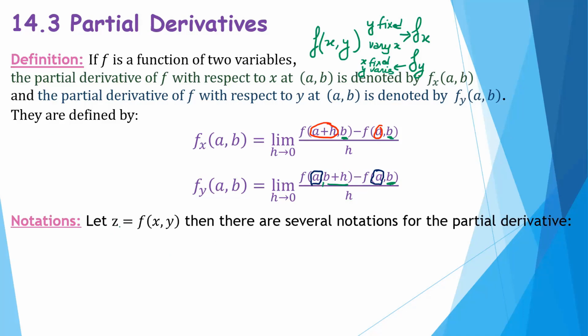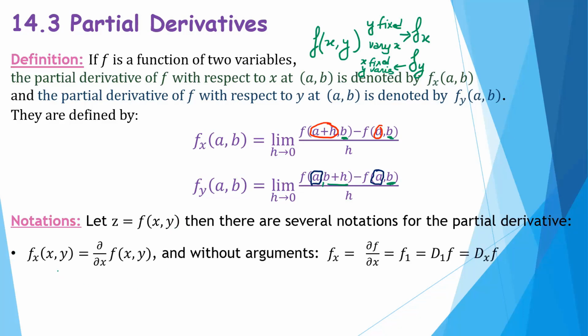So if we have z, the output of a function f of two variables x and y, we can denote the partial derivative in several ways. We can denote it fx, meaning a partial derivative varying only the first component x. Or we use this notation, partial f over partial x.